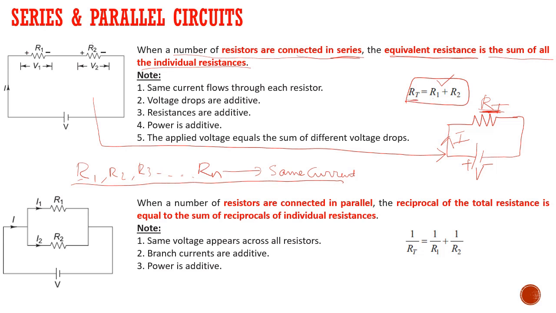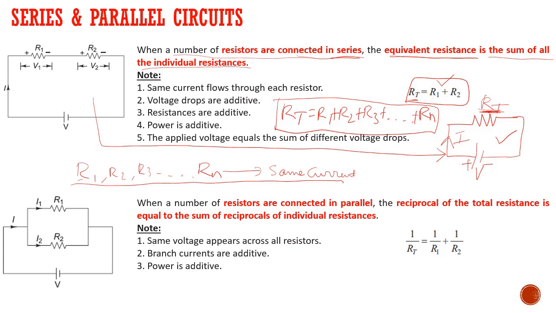If we have n number of resistors, R1, R2, R3, R4, R5 up to Rn, the total resistance RT will be R1 plus R2 plus R3 and so on up to Rn. So all these n resistors can be replaced and simplified into a simple circuit like this, and the equivalent or total resistance can be calculated by adding all these resistors.